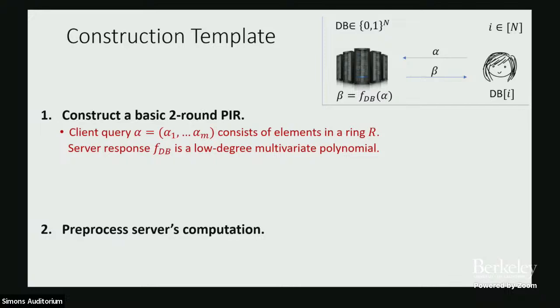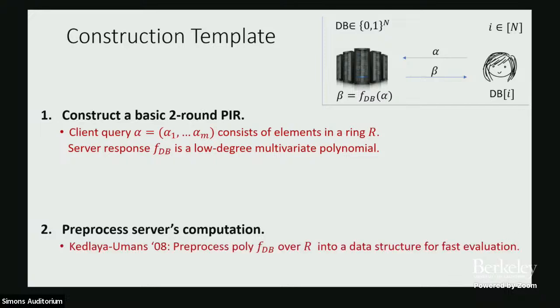So now it has some nice algebraic structure. Then we're going to use this beautiful result of Kedlaya and Umans from 2008, which shows that you can preprocess a multivariate polynomial over some rings into some data structure that allows for very fast evaluation. Essentially, to evaluate this polynomial on any future input, you can do much less work than reading all the coefficients of the polynomial.